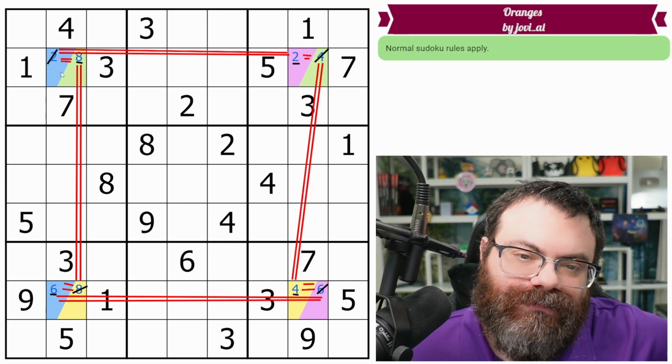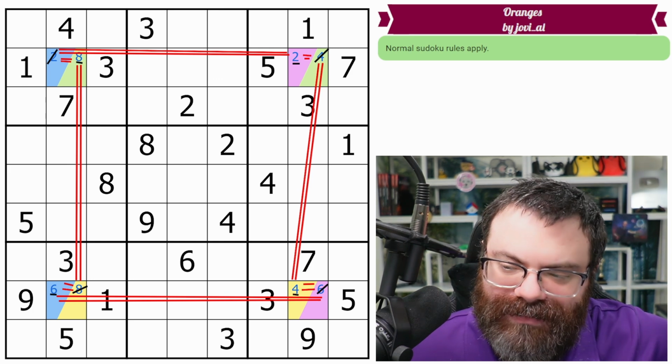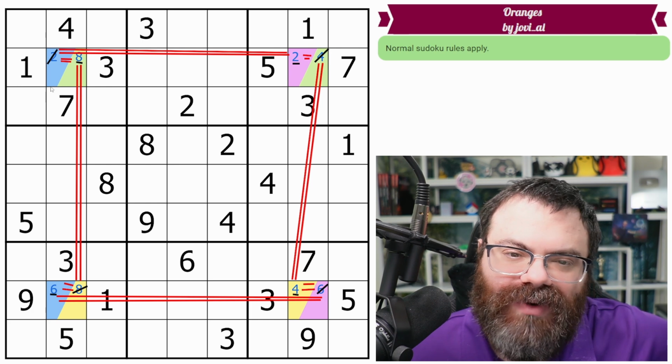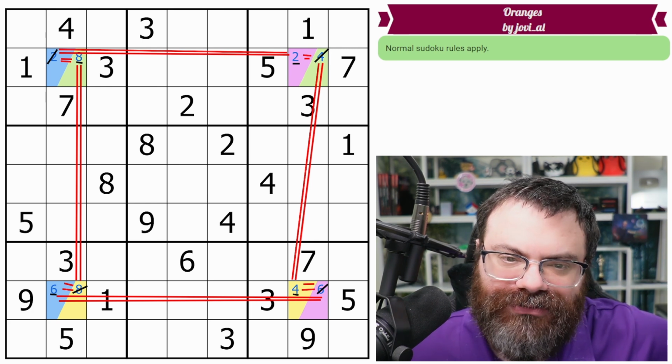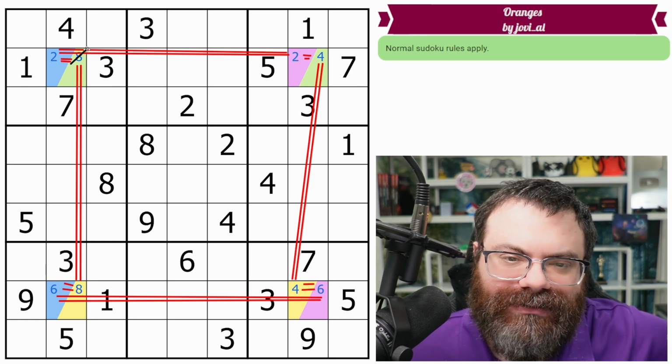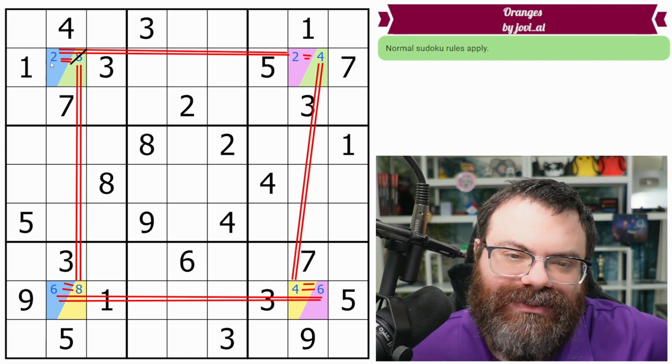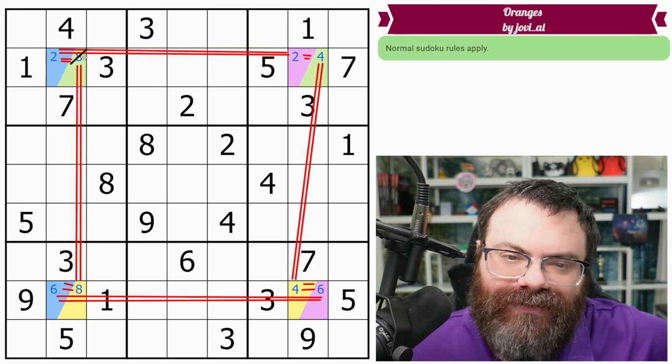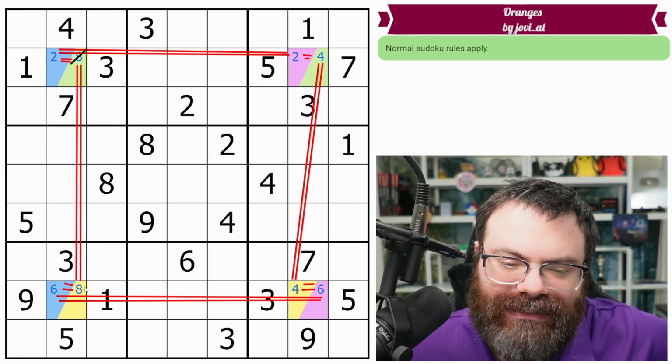And now we can go backwards and we can prove the opposite. So what we've proven is half of our strong link, that if 2 is not true, 8 must be true. So if 8 is not true, that's our other option. That means this 2 must be true. That's what we're going to try to prove. So if the 8's not true, this 8 must be true.